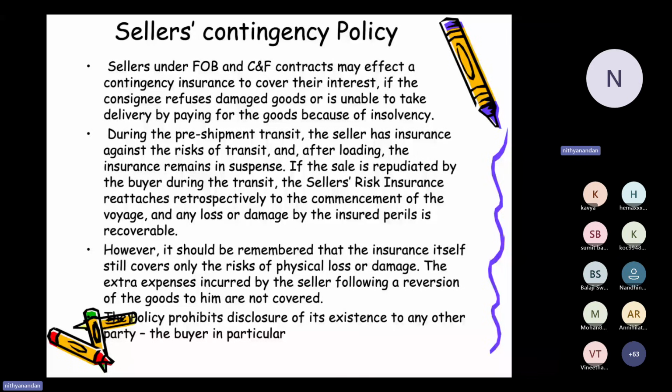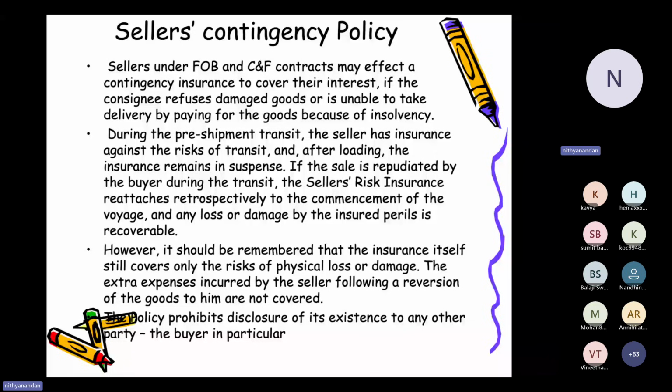The insured has no choice but to bring back the goods to his own place. To take care of the return transit of the goods, the seller's contingency policy is providing the cover, right?